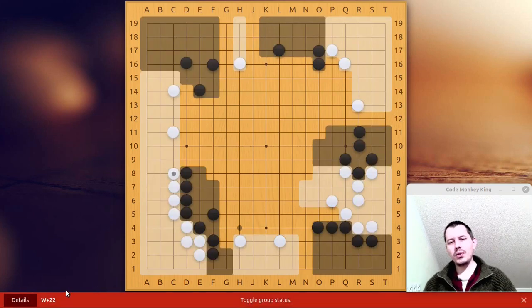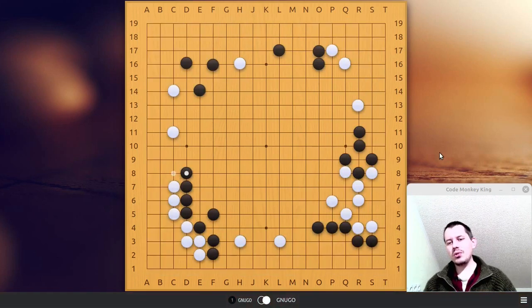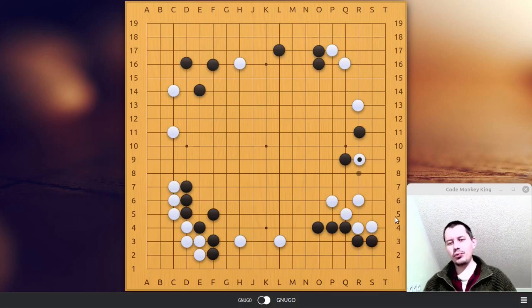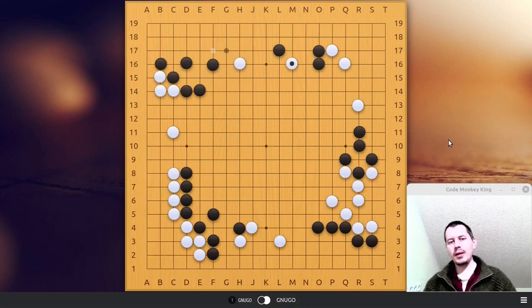Still white plus 22. Yeah, it's probably after this has happened. So just to rewind a bit back. Here, you see, the estimate is white plus 39. But since I'm extremely weak in the local tactical battles, I just gave some 3 points to black.